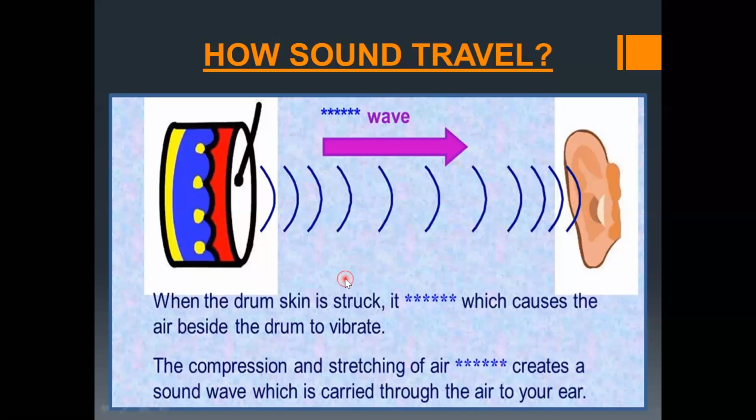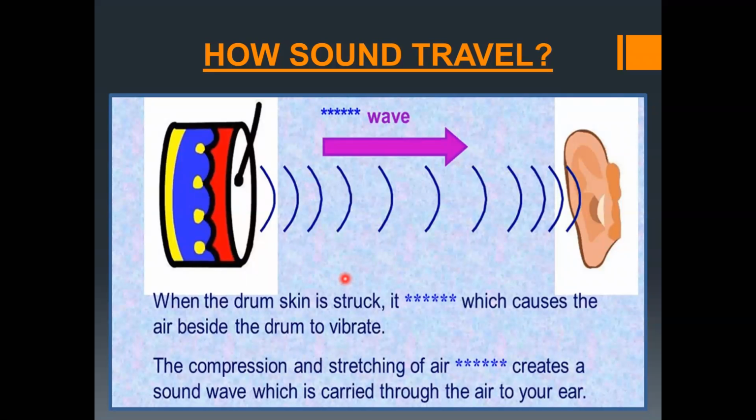When it reaches our ear, it hits our eardrum, and the eardrum sends the vibration sensation to our brain. The brain interprets it, and this is how, students, we are able to hear sound.